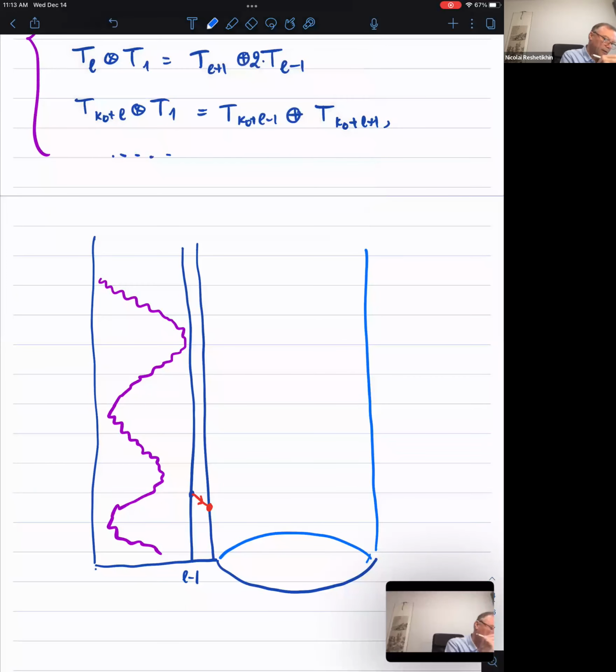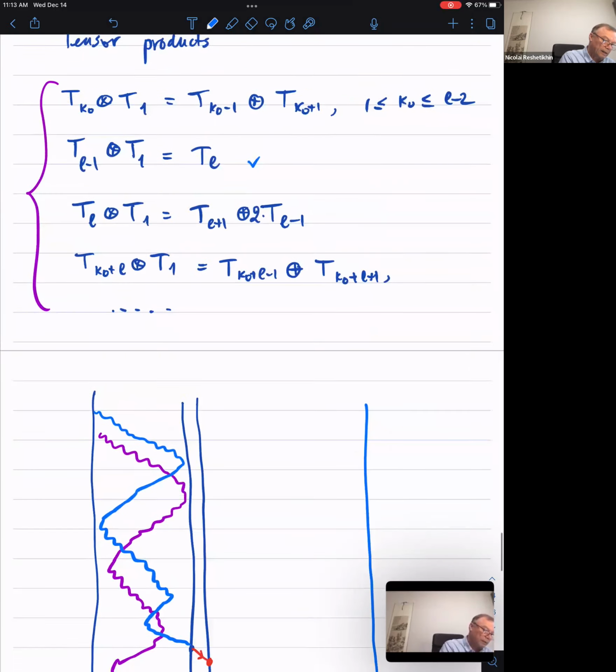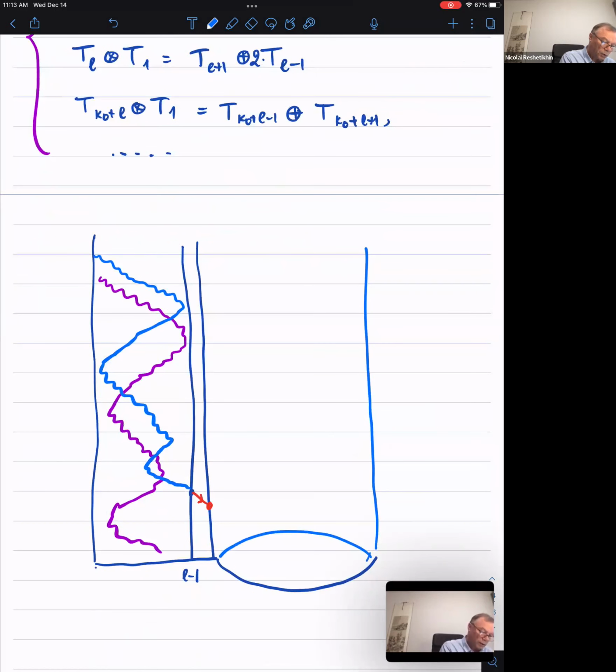But if we look at, if it's possible to go out, so this is the branching rule over here. You can see that once you cross here, there is no escape.